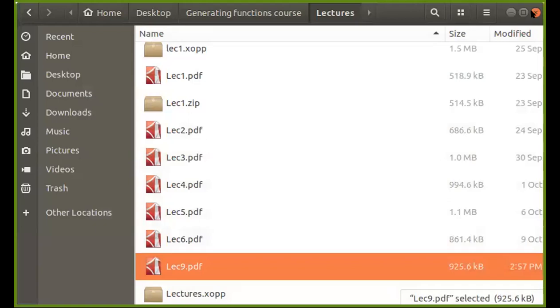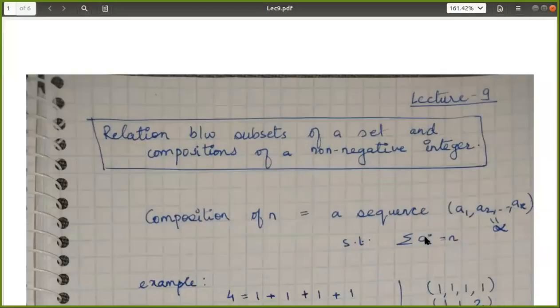Finally. Okay. So do you see lecture 9.pdf now? Is this visible? Yes.